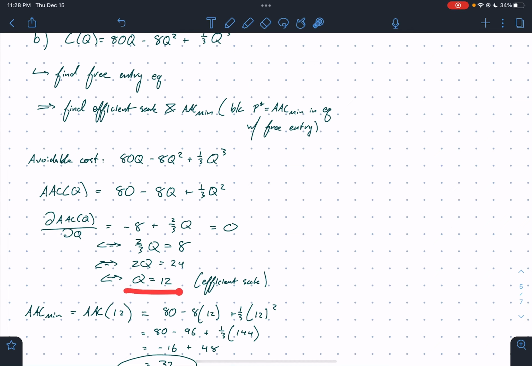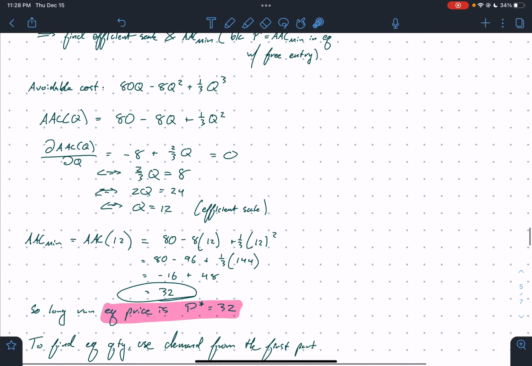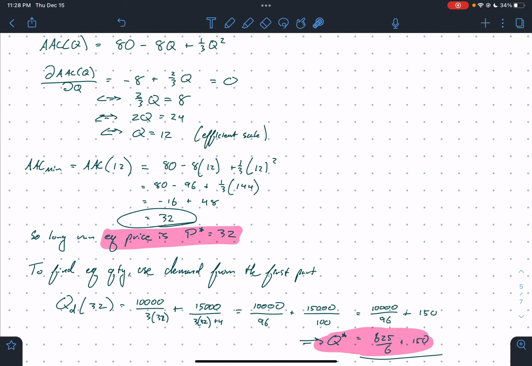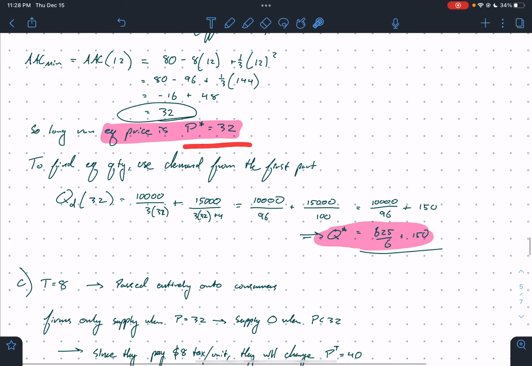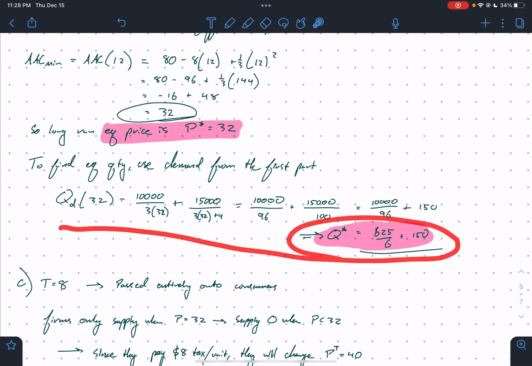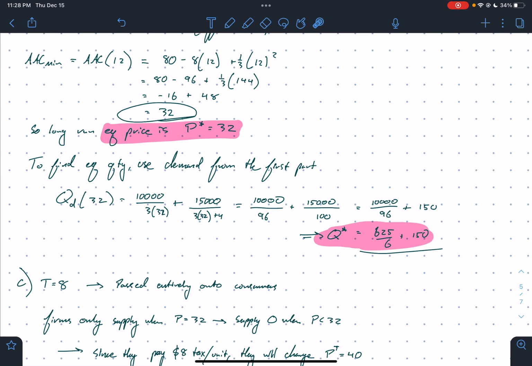This gives us the quantity which minimizes the average avoidable cost. Plug that in, and we find that the minimum average avoidable cost is 32. So the equilibrium price is 32. Now, to find the quantity, plug this price into the demand function. This gives us a nice number for the equilibrium quantity under free entry.